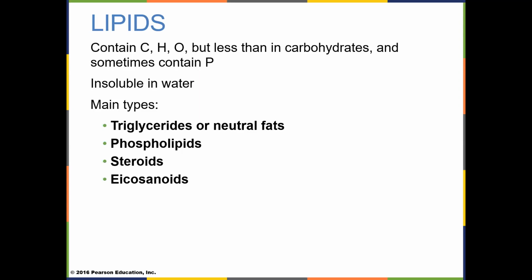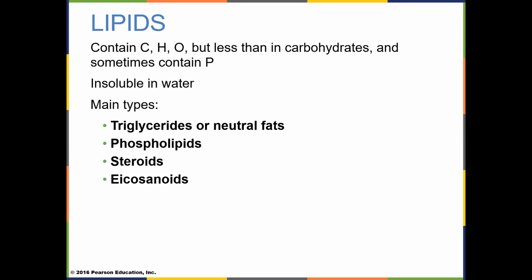These steroids include things like estrogen, progesterone, two female sex hormones, testosterone, male sex hormone, and of course cholesterol itself. All these steroids are derived from cholesterol. Their actions are different, but their appearance is very, very similar.